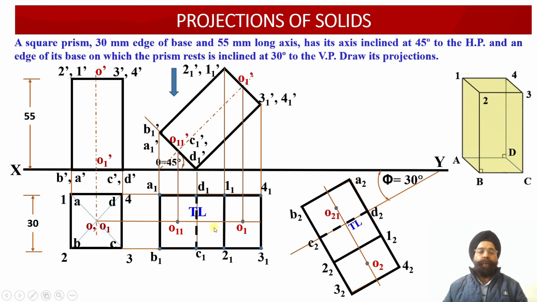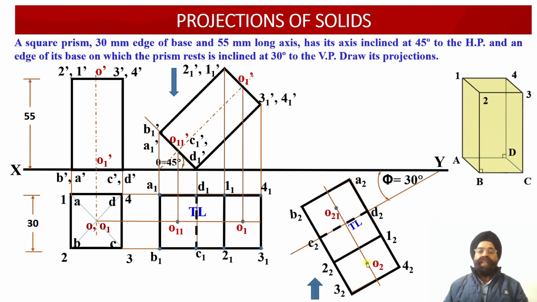So all the 10 points of the previous plan projection view have been appropriately transformed or rotated into the orthographic top view projections of this oblique solid. Now we have to evaluate the corresponding front view projections of this oblique solid, which is inclined to HP as well as inclined to the vertical plane. So from these 4 points and from these 2 points, so total of 10 points, are available with us in the top view projections of this oblique solid.